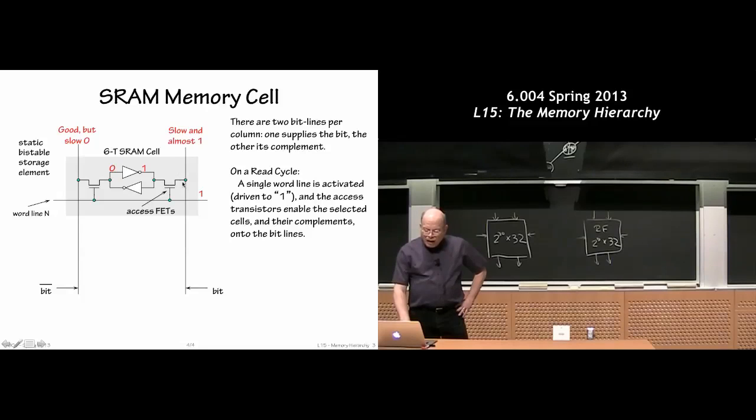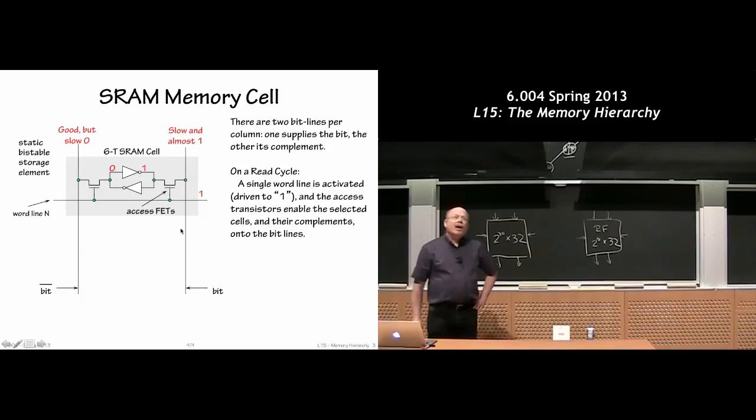So I have some capacitance to drive because of the capacitance associated with the drain of the access FETs. And these small transistors are busily trying to charge and discharge this line. So this is a little slow, not nearly as fast as a logic gate. So there's a sort of analog circuitry going on here.